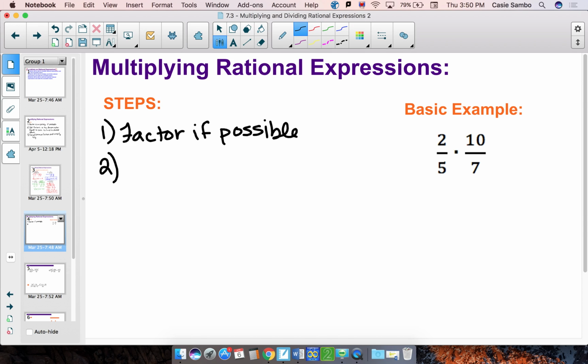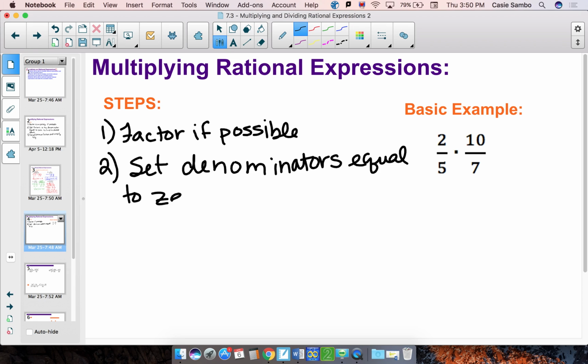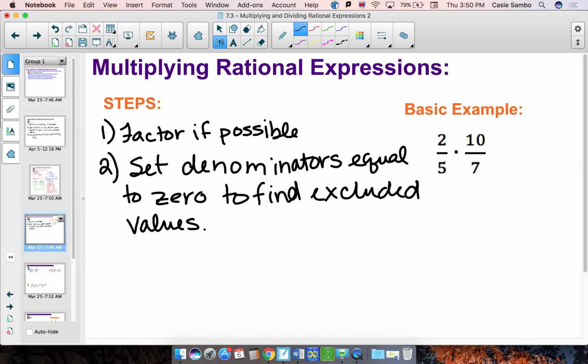Then, step 2, you're going to set the denominators equal to 0 to find excluded values. And lastly, you are going to cancel to simplify.